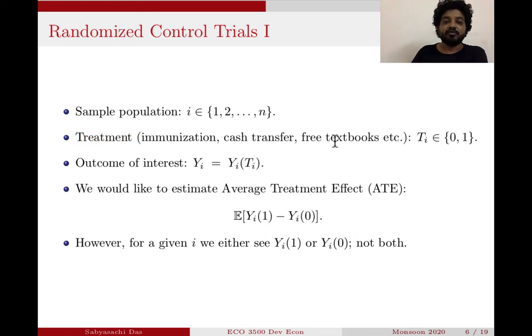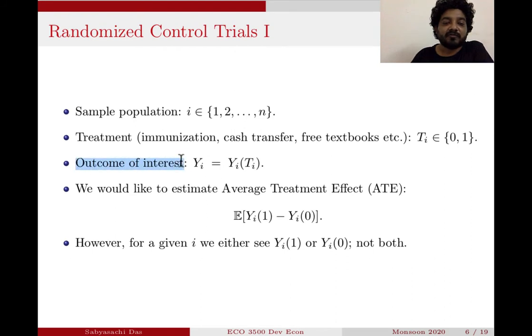This treatment could be various kinds of things, but here we are talking about one discrete kind of treatment, just for simplicity. So T_i is the treatment status of individual i. T_i equal to 0 means that the individual did not receive the treatment, so the individual did not open the bank account, and T_i equal to 1 means the individual opened the bank account. So it can be either 0 or 1.